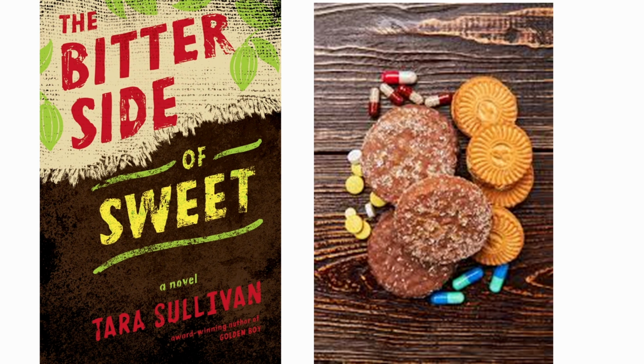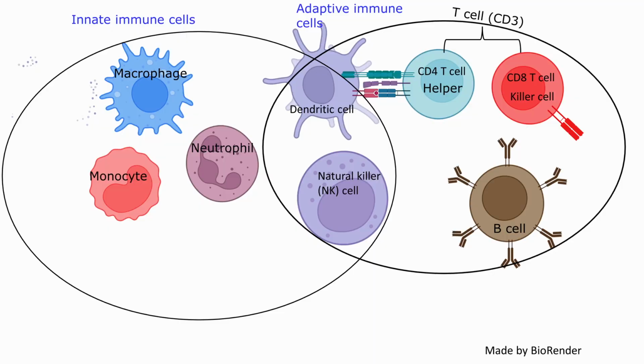So I'm an immunologist. Obviously, first of all, I would like to cover the immune cells, because I talk about them. We have two arms of the immune system: innate immune cells, which include macrophages, neutrophils, and monocytes. There are other cells, but I don't talk about them. Then we have some cells that bridge the innate and adaptive immune cells.